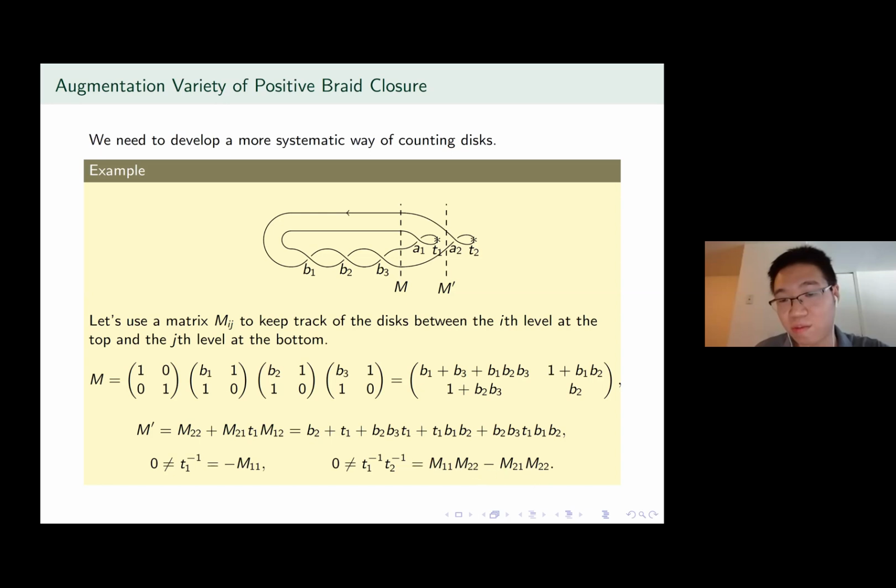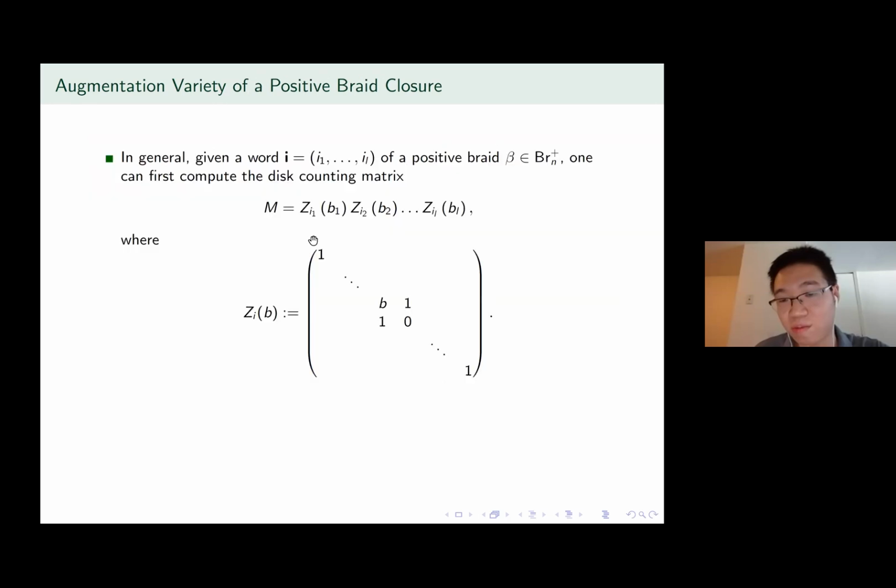So this is exactly the determinant of this matrix M. The first equation is that this entry is non-zero, and the second equation is that this whole matrix has non-zero determinant. In general, this is true. If you take a braid word i1 to iL of an n-strand braid, you can first compute the matrix of this form.